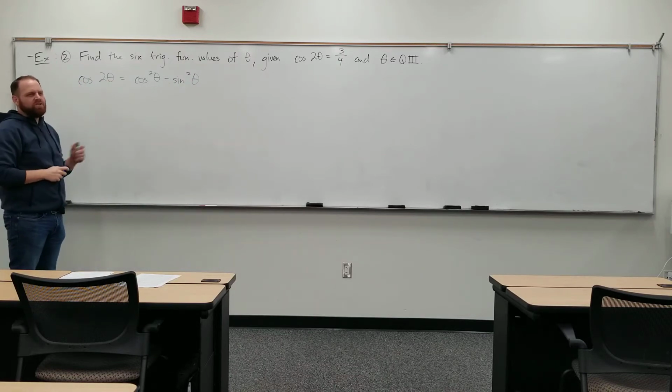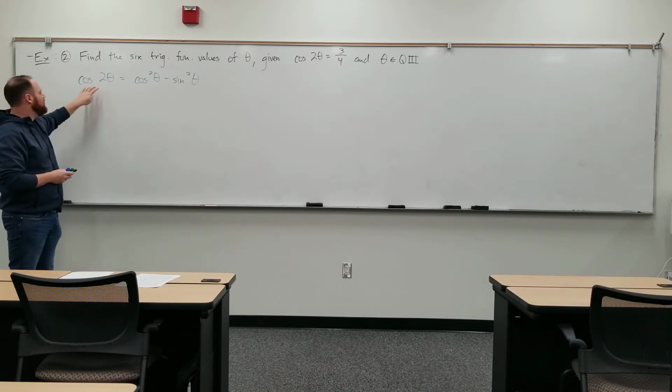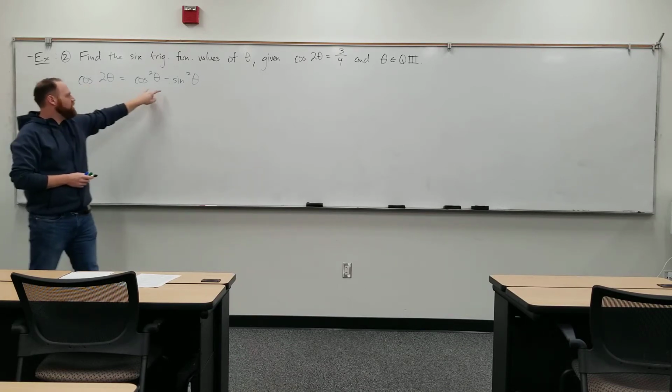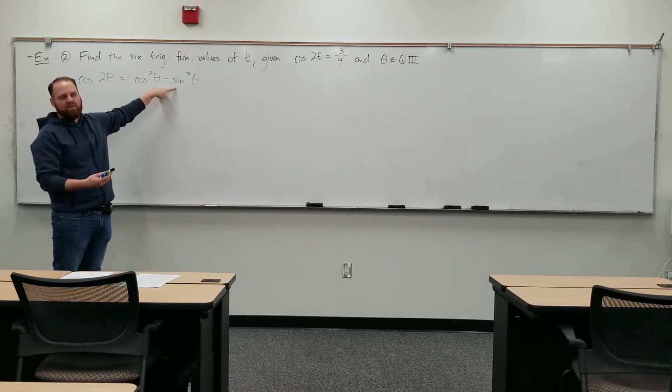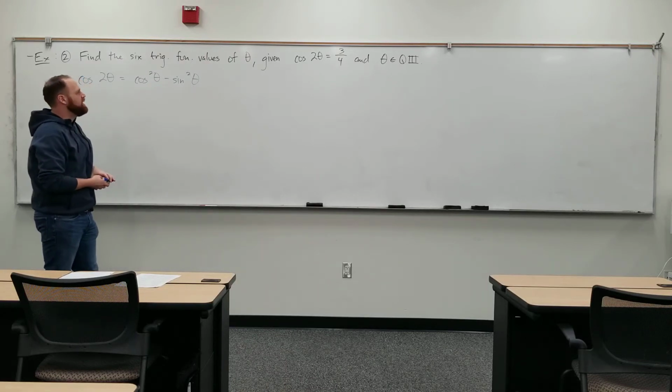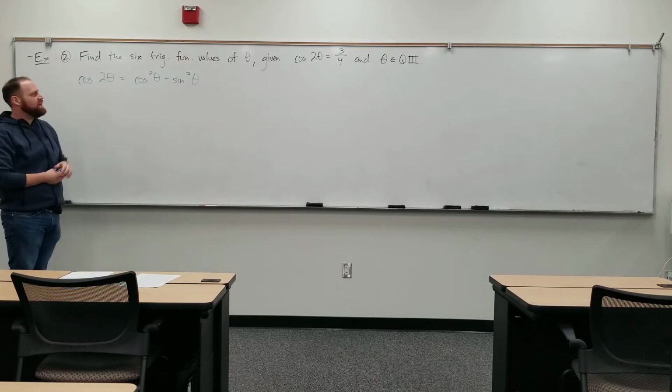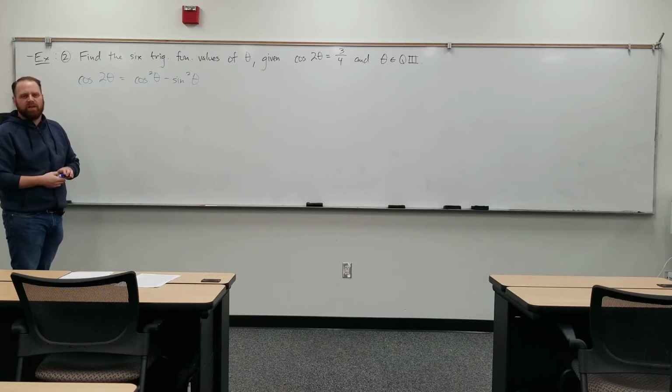This particular version of the identity is not going to be useful for us here because we have too many unknowns, right? We know this, but we don't know either of these, so we can't solve for either of them. We need to use some version of this identity that only involves cosine or sine. So we need to use one of the other 2 formulations for it.